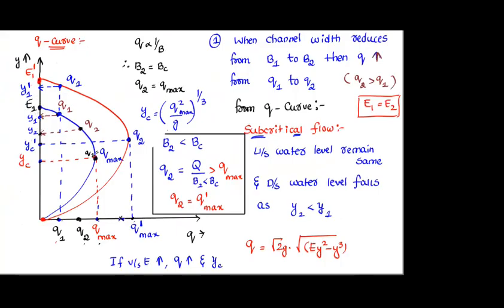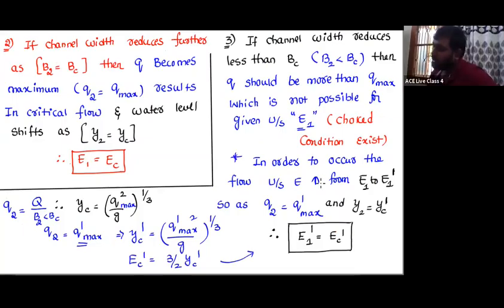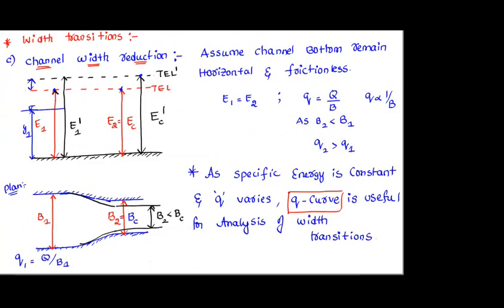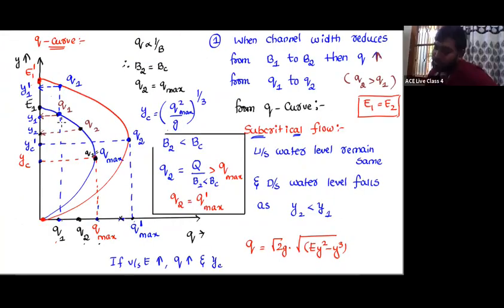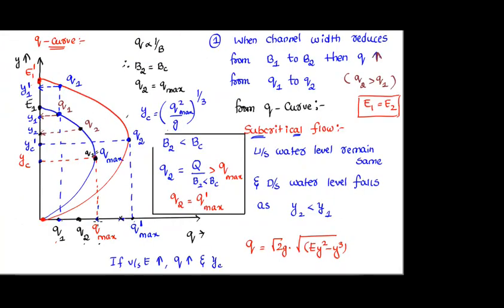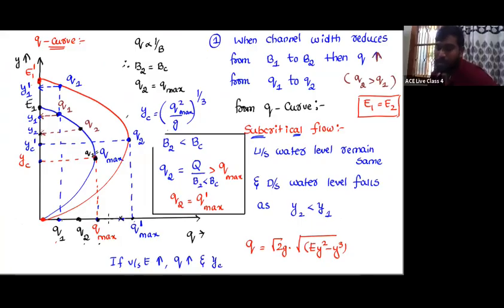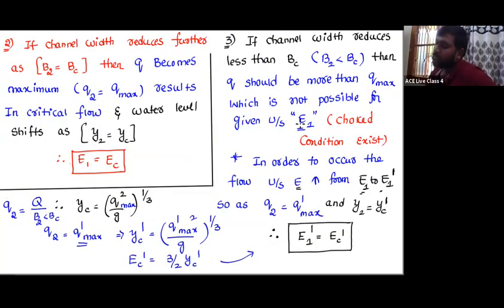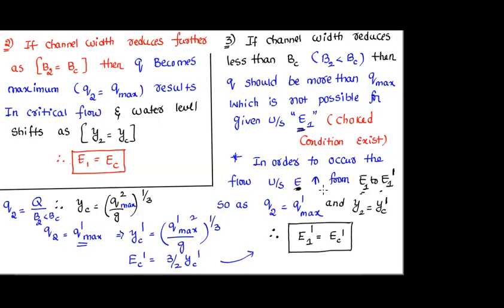When I make E increase from E1 to E1 dash, what is going to happen to the graph? The graph is going to rise or not? Now, when the graph rises, Q becomes more than Q maximum or not? That's what. See, generally for the given upstream specific energy, it is not possible. But if you increase the upstream specific energy, then it is possible. Okay, sir. That's it.